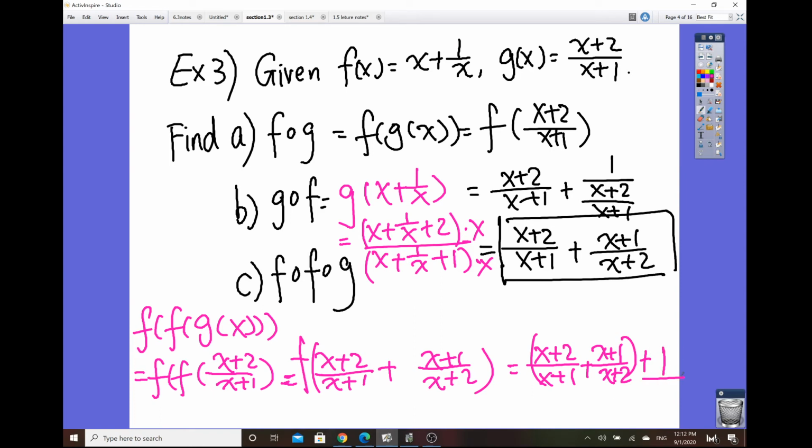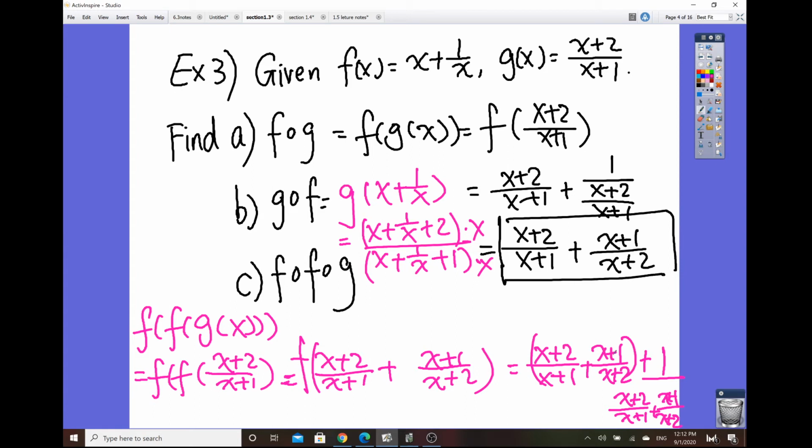So it's 1 over x plus 2 over x plus 1, and then plus x plus 1 over x plus 2.